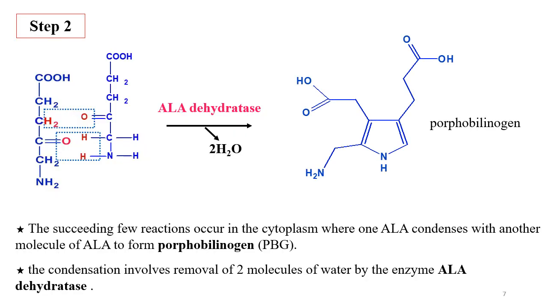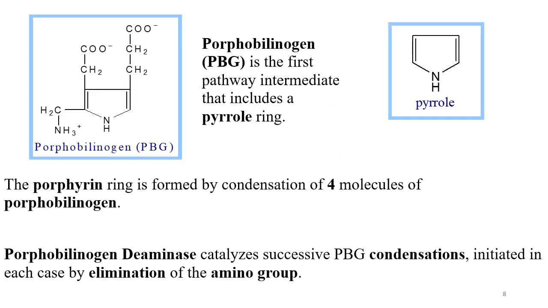So you see over here the formation of porphobilinogen, and the enzyme involved is ALA dehydratase. In a similar manner, further 4 molecules of porphobilinogen combine with each other and form the intermediate hydroxymethylbilane.